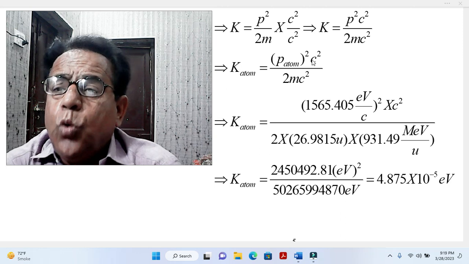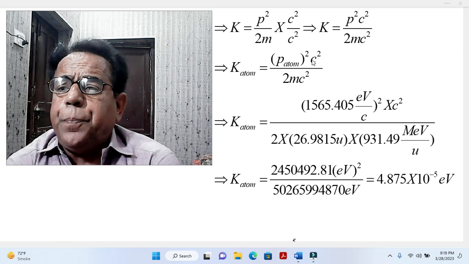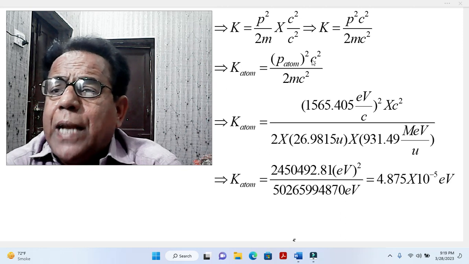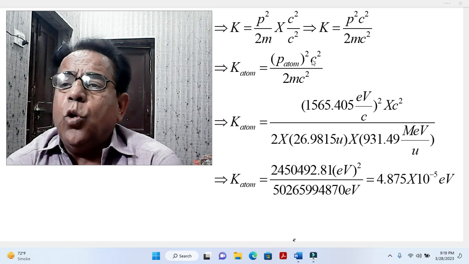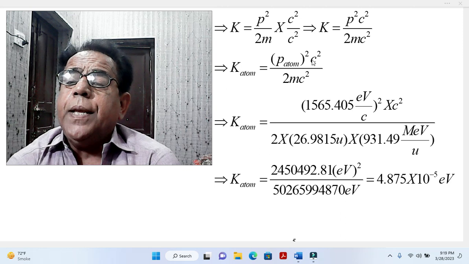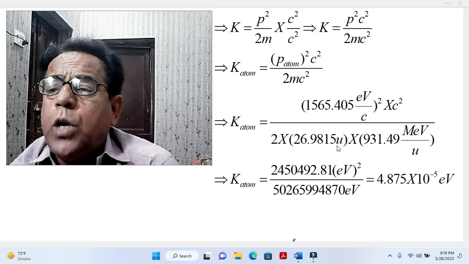So K atom becomes equal to momentum of atom whole square into c square divided by 2 into 26.9815 u, atomic mass unit.